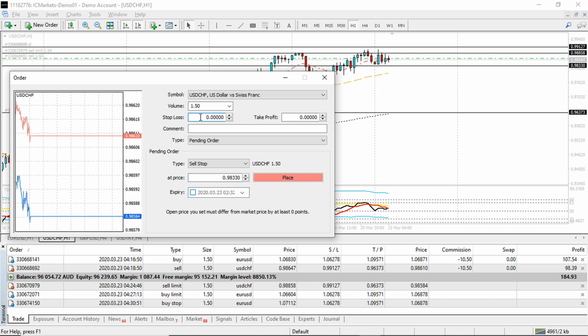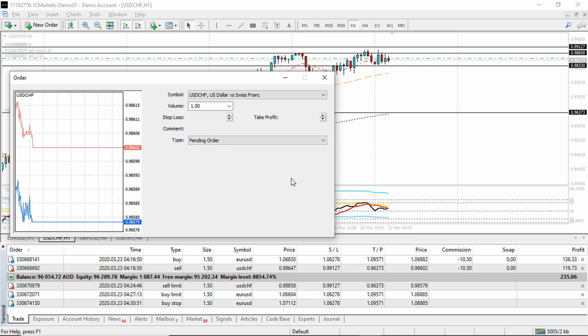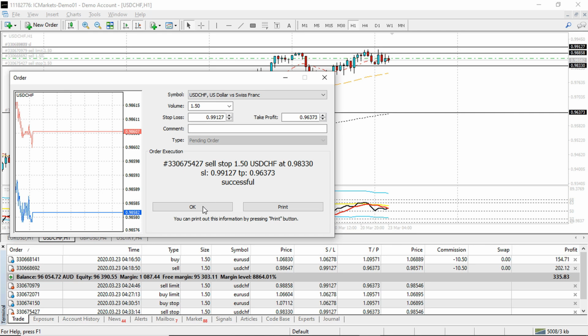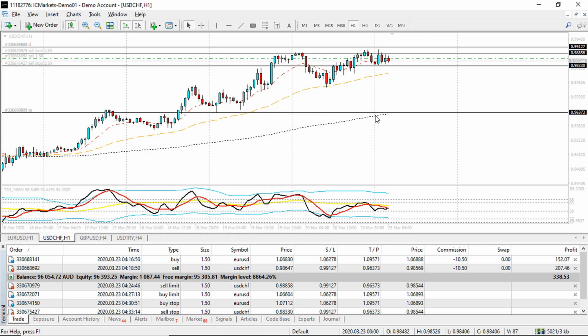Our stop loss remains the same at 0.99127, and then our take profit at 0.96373, and then we click on place. Okay, so let's calculate how many pips our stop loss now is.